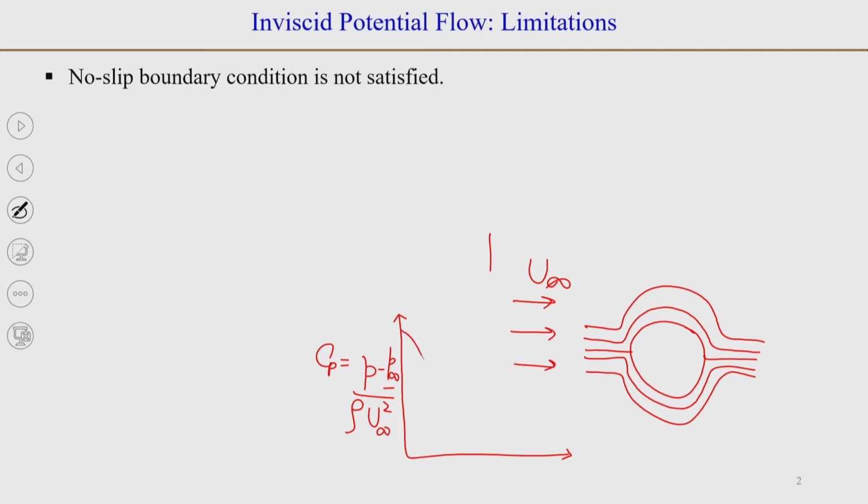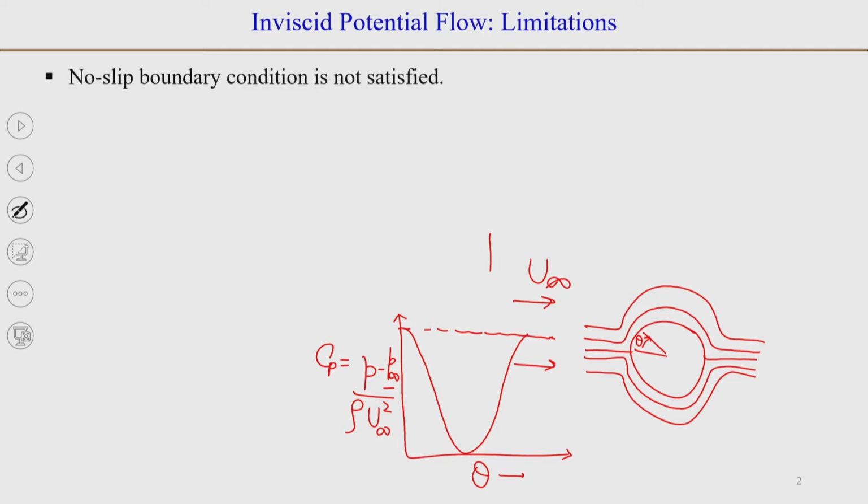And on the x axis here, so this has to be symmetric, and on the x axis what we have is the angle theta, which is the angle along this direction.